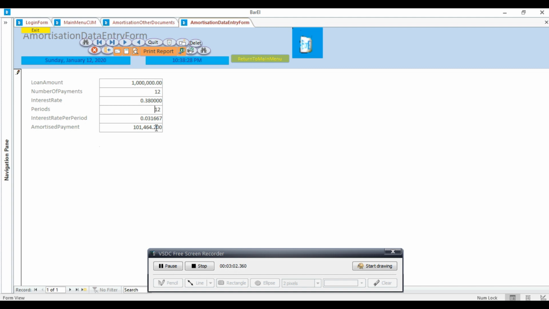There's just a difference of 1 tambara. The interest rate is 0.031667. So we know that this is the amount we are supposed to pay every month in order to service the debt or the loan.